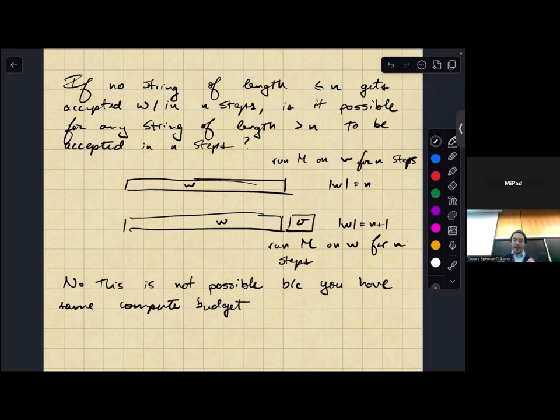Well, the if here is that no strings of length at most 330 get accepted. If at least one string of length 330 gets accepted, then you can't say anything about strings of length greater than 330. Because maybe that string got accepted because it was looping forever, or maybe it got hard-coded.